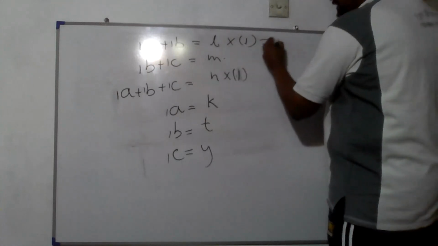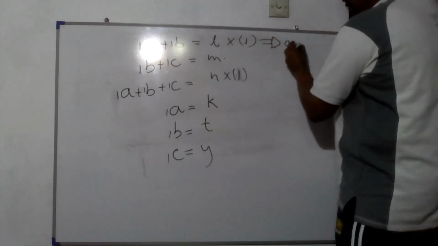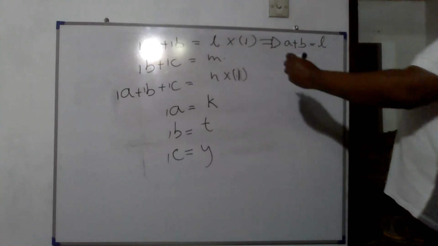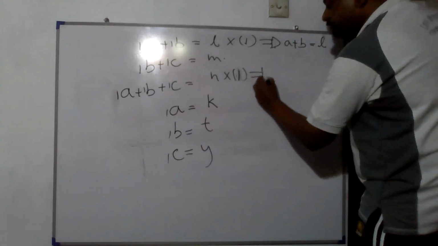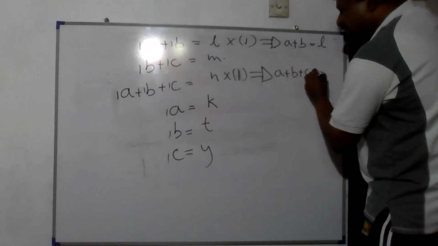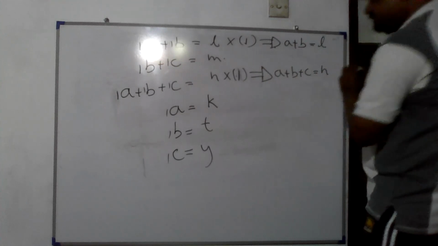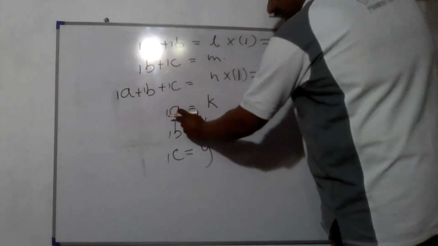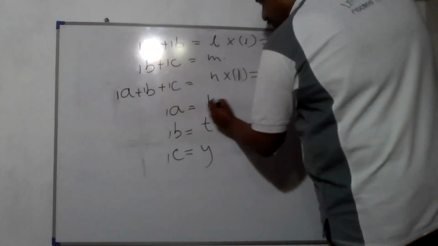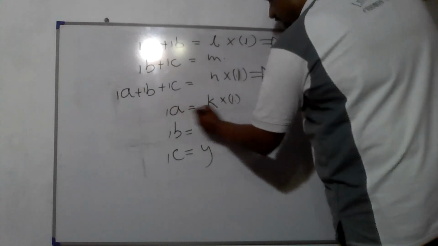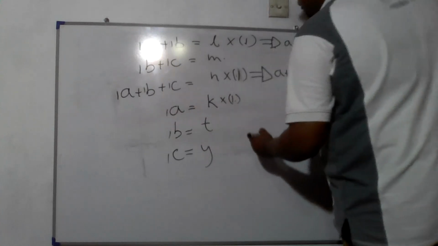Now, this will give you A plus B equals L, right? And this will give you A plus B plus C equals N, right? This equation has only A and the coefficient for A is 1, and the entire equation is multiplied by 1.